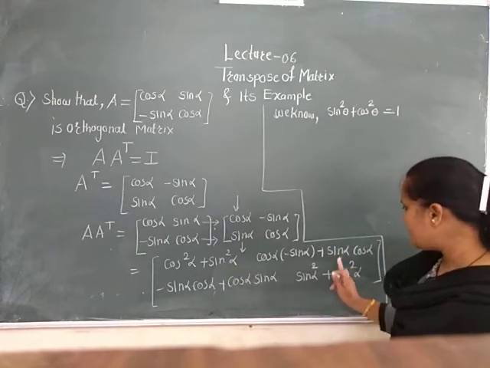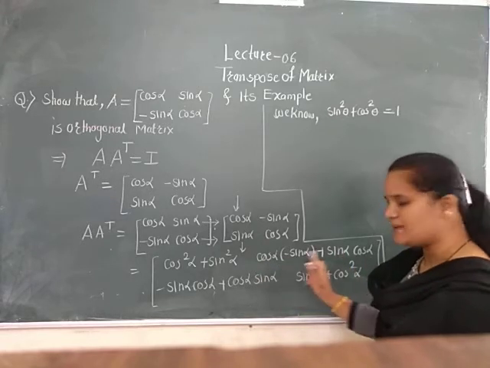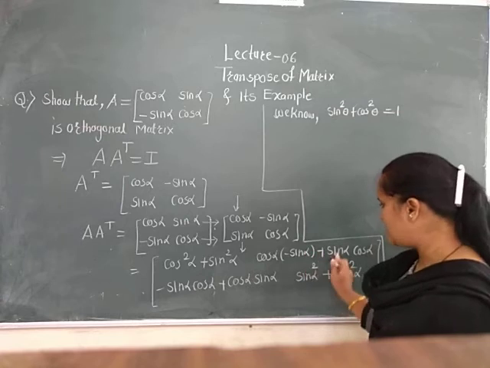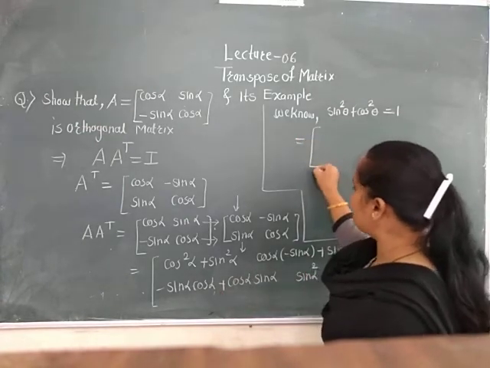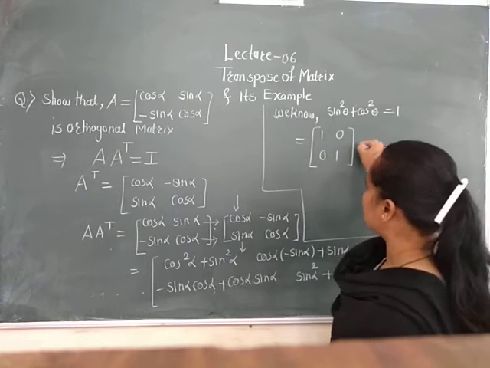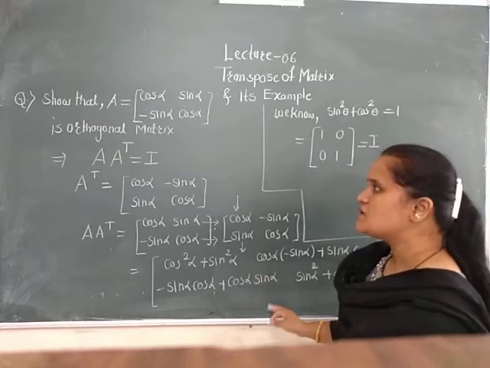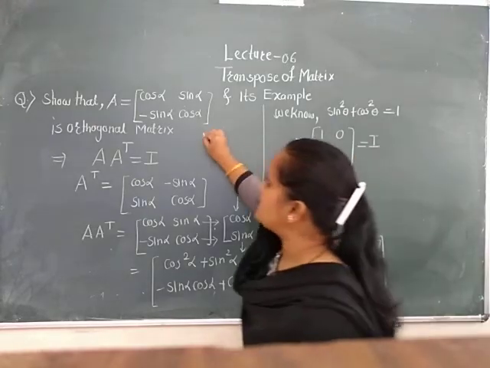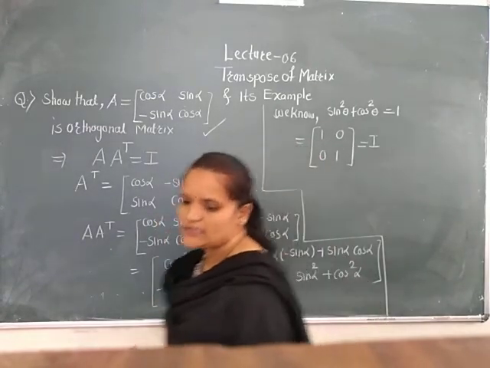And the remaining terms are sin alpha into cos alpha, and this is having a minus sign. These are similar terms but with opposite signs, so it becomes 0, and this also becomes 0. So our answer would be 1, 0, 0, 1. And this is nothing but which type of matrix? Identity matrix. So we have shown that the given matrix is which type of matrix? Orthogonal matrix. Note this.